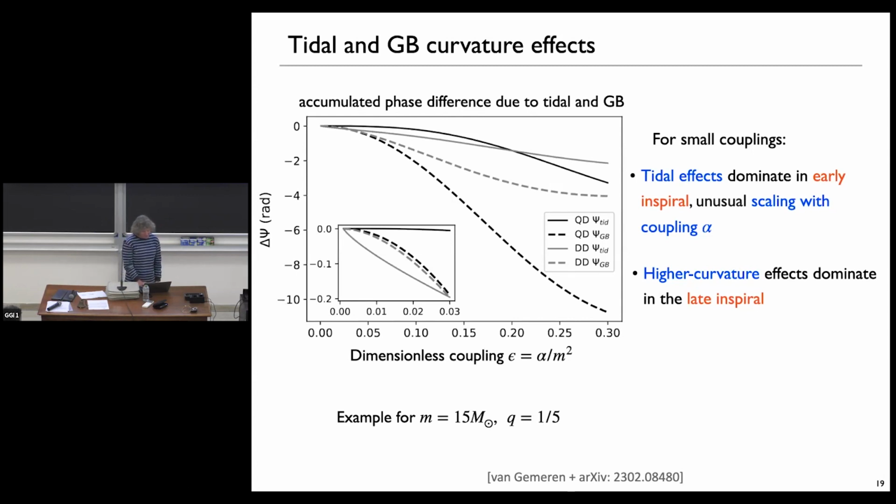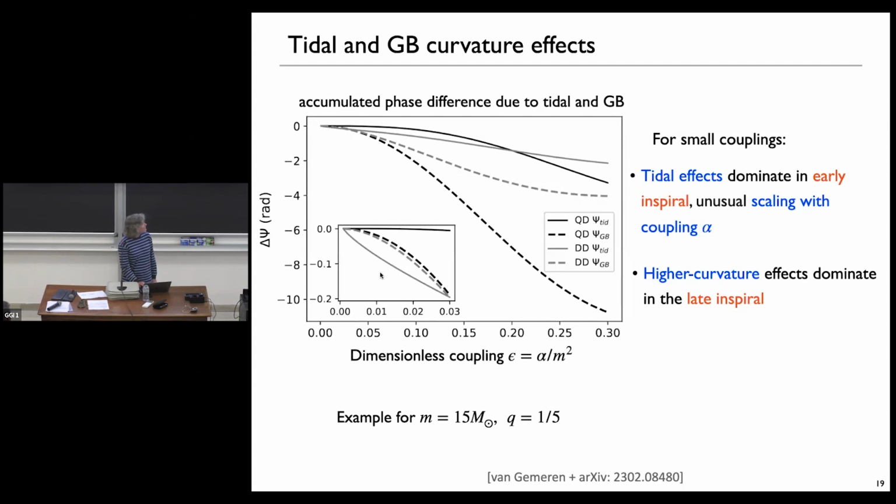You see very quickly in the early inspiral, after aligning the phases, a relatively quick accumulation of phase difference due to these induced tidal effects, whereas in the late inspiral the tidal effects are relatively small. On the other hand, for the higher curvature effects, there's not so much difference between their relative importance in the late and early inspiral. So that's already interesting.